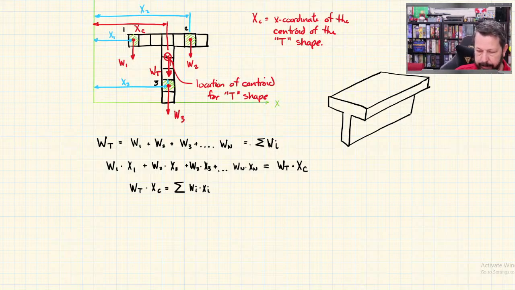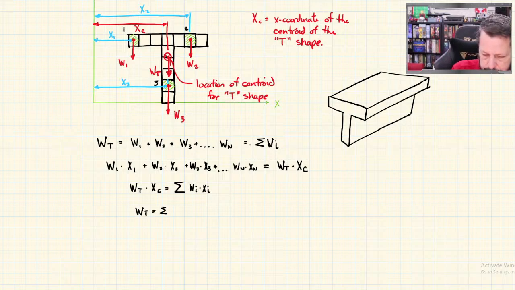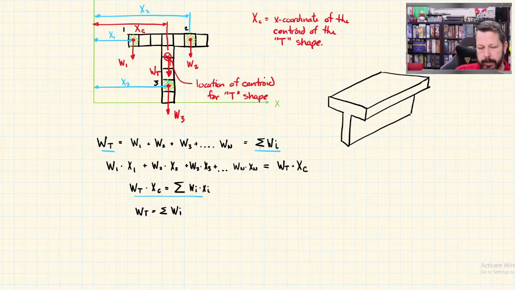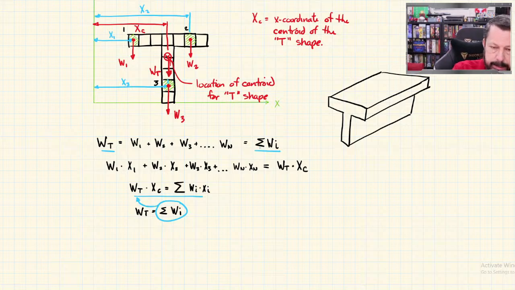Now, I've got 2 equations here that I've written out. I've got the one I just wrote, and I've got the WT equals summation of WI that I wrote previously. So both of these have WT in them. So I could take this value and plug it in for WT, and then I have a new equation.